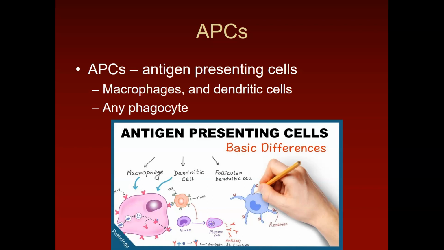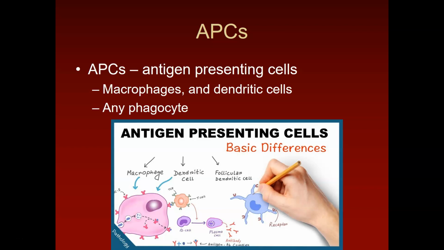So antigen presenting cells are going to run around and find antigens, and then they are going to come and tell mom, the helper T cell, that they have found an antigen. Any of your phagocytes are antigen-presenting cells. Macrophages happen to be one of the best at it, but that can also include neutrophils, eosinophils, basophils.